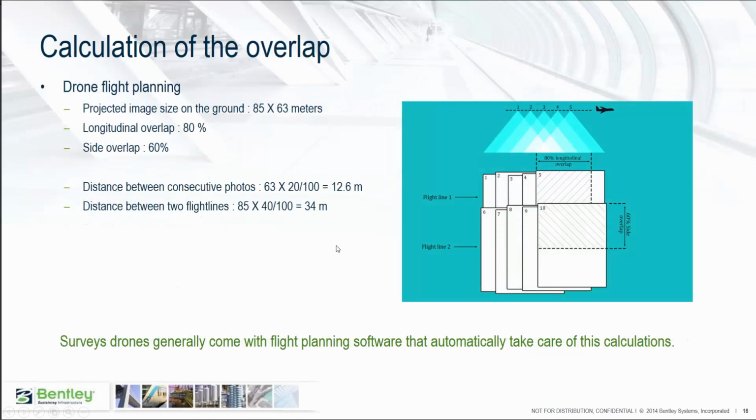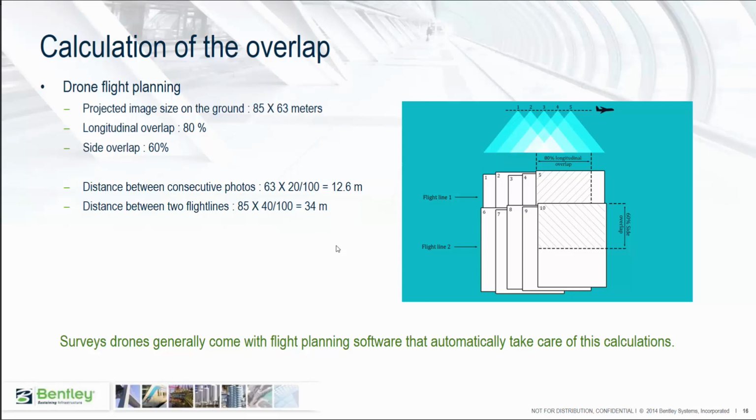Now let me demonstrate a small example of overlap calculation for a drone flight, nadir only. So, regular standard flight planning, you want a longitudinal overlap of 80% and the side overlap of 60%.